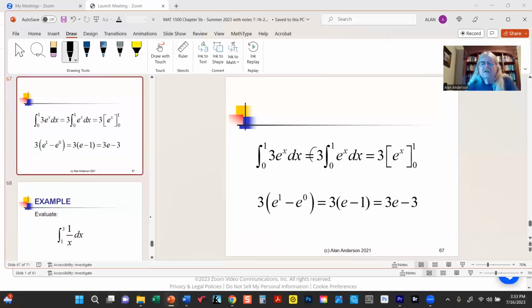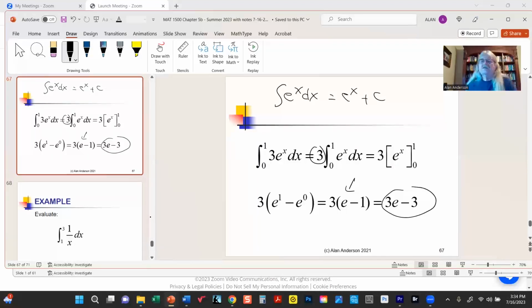We can move the 3 outside. Of course, the integral of e to the x dx is just e to the x. Actually, in this case, it's also plus c, but since we're now calculating a definite integral, we don't have to worry about the c. So instead, we're evaluating our result from 0 to 1. So we've got 3 times e to the first minus e to the 0, which is the same thing as 3 times e minus 1. We can leave it like this if you want, but you could also write it as 3e minus 3.